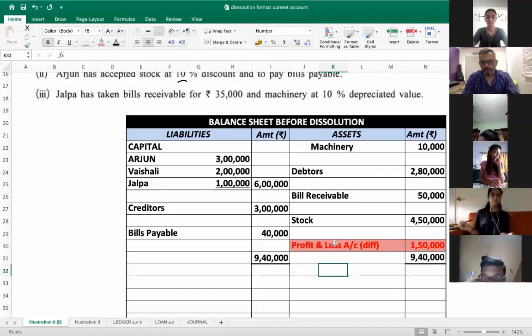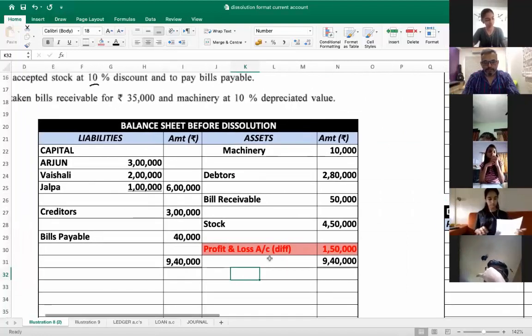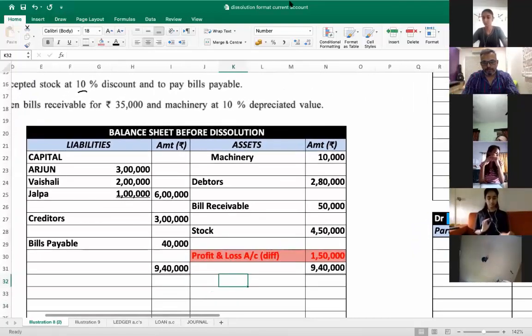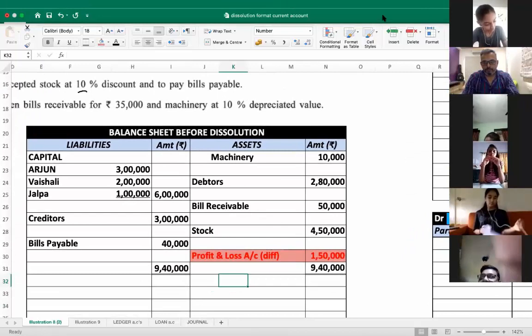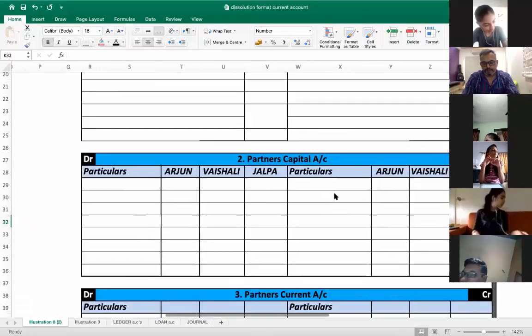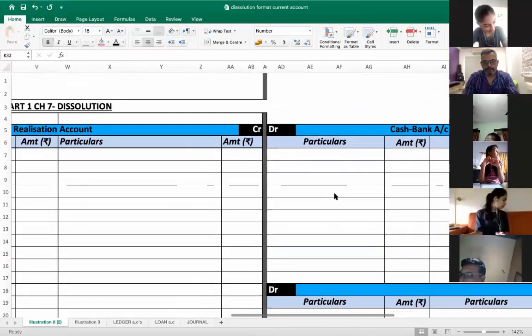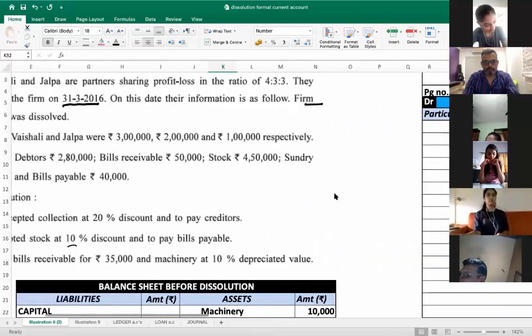Proceed now. Now our balance sheet is ready with us. Now prepare realization account, prepare partners capital account, and prepare cash and bank account.